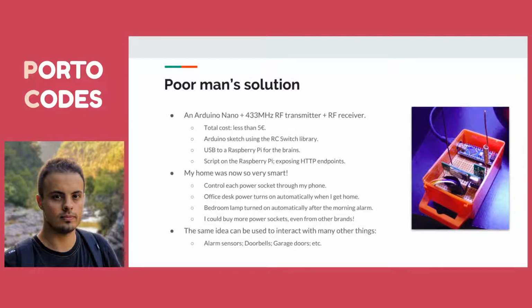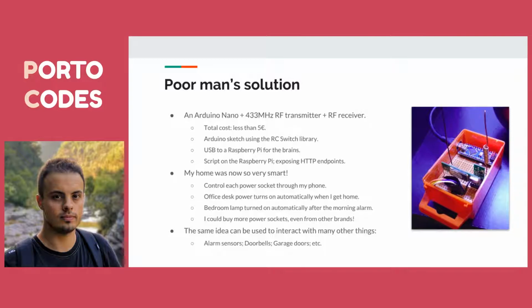With that, and using Tasker, I was able to make one of the plugs that was in the office turn on as soon as I arrived home. The phone connects to Wi-Fi, detects that I'm home, and calls the HTTP endpoint to turn it on. The same thing for the bedroom lamp, which turned on automatically 10 minutes, if I remember, after my alarm rang.